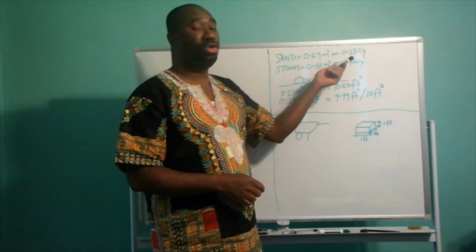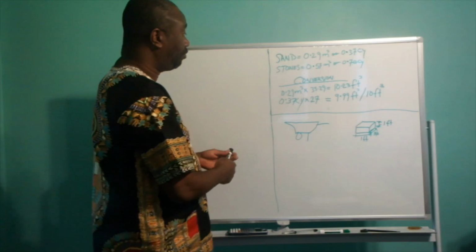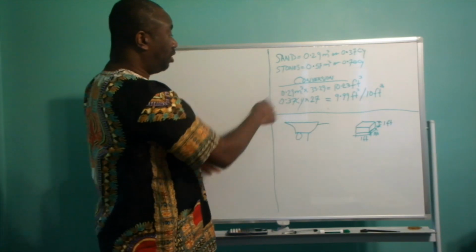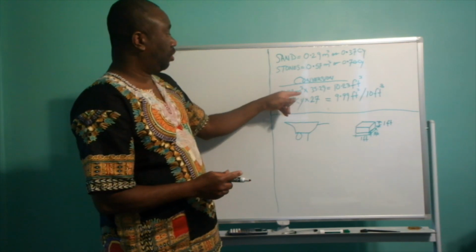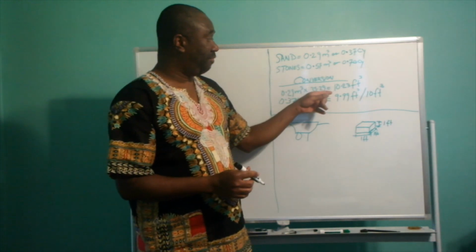these measurements to cubic feet. So you can convert the 0.29 meter cube to cubic feet by multiplying it by 35.29.